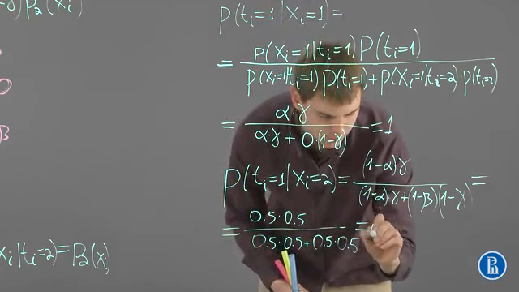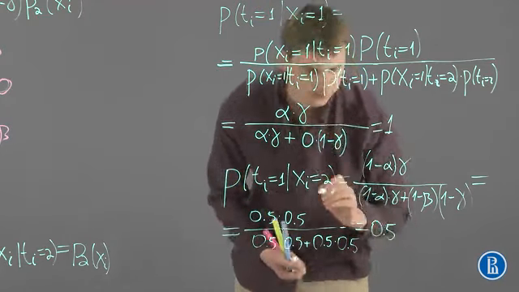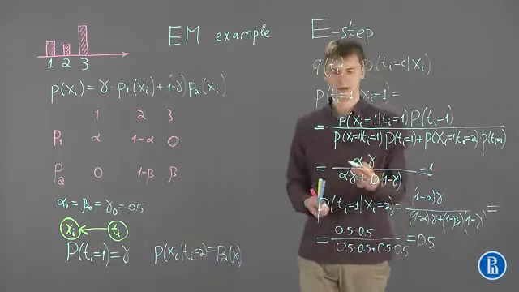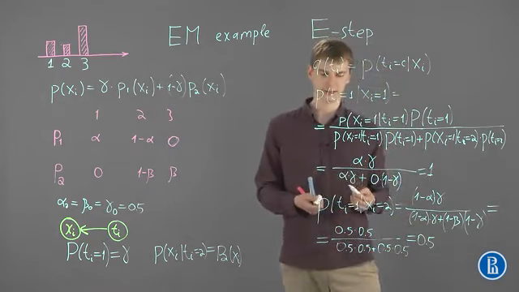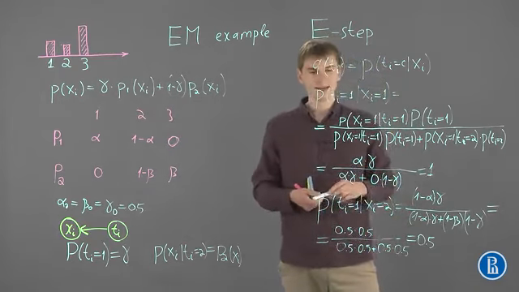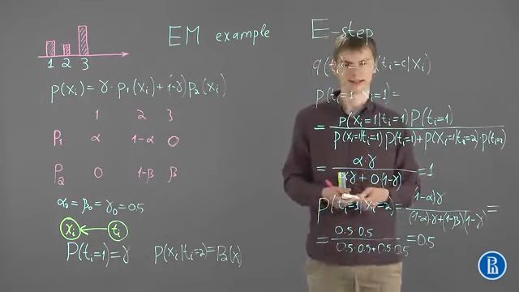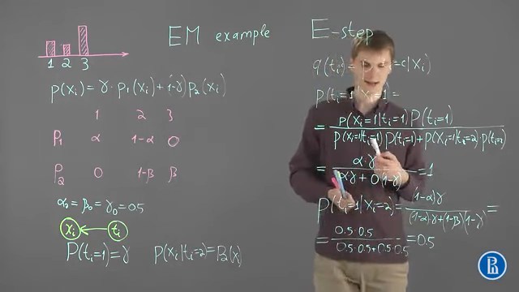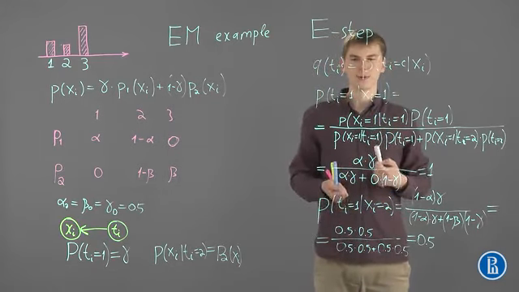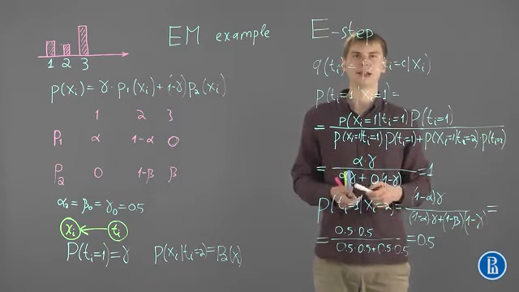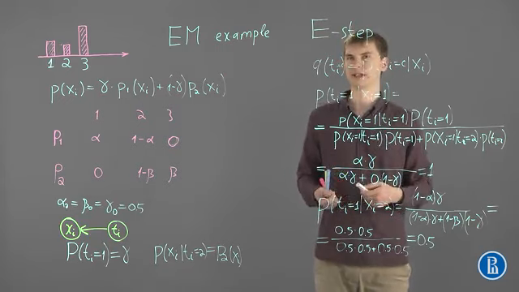And this is just 0.5 in total. So we found our posterior distribution on ti given xi, and we can do the same thing for other values of ti and xi. This way we can compute the E step of the expectation maximization algorithm for this particular model.